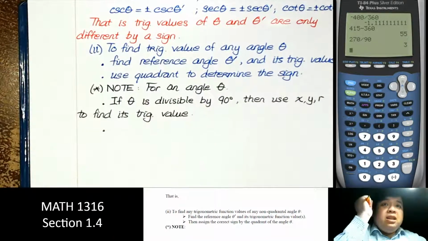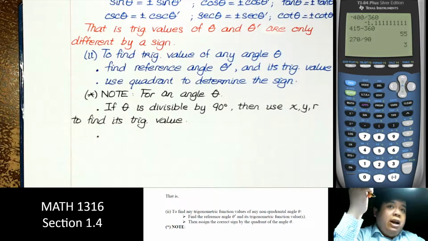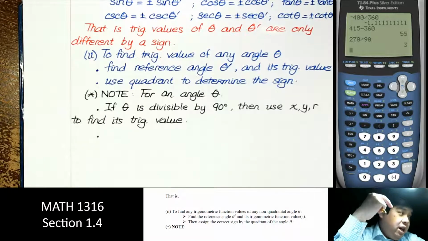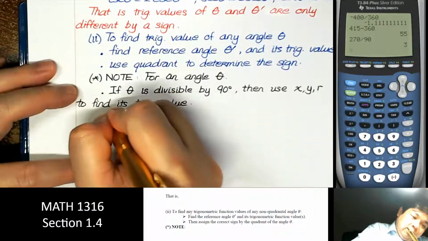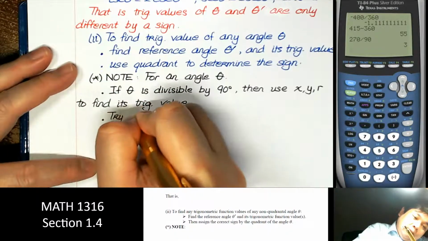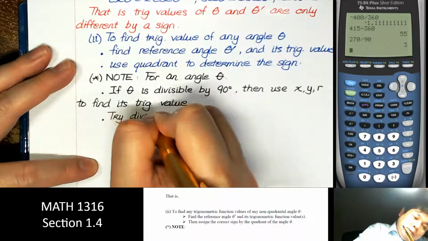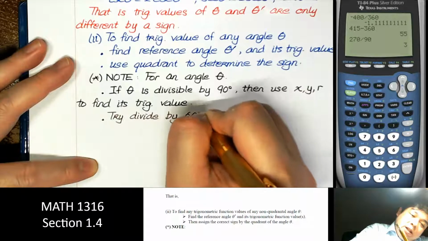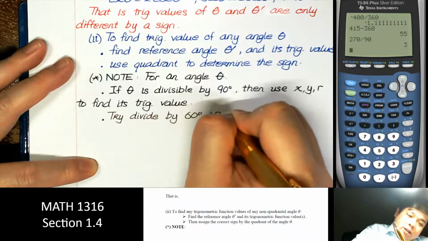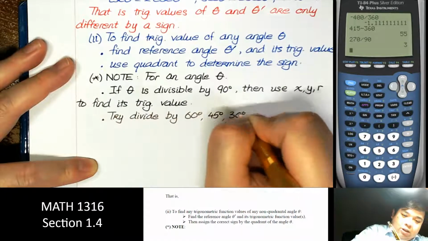We divide by 60 first, and then 45, and then 30. Always in the decreasing order. Try to divide by 60, 45, or 30, in that order.